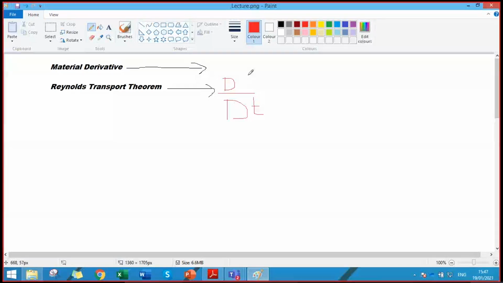the property within the control volume, that is partial by partial t, triple integral. I'm writing it as a single integral, but it's a triple integral. Rho b into dv plus the property coming into the control volume and going out of the control volume, the net property flow is control surface integral of rho b v dot n.